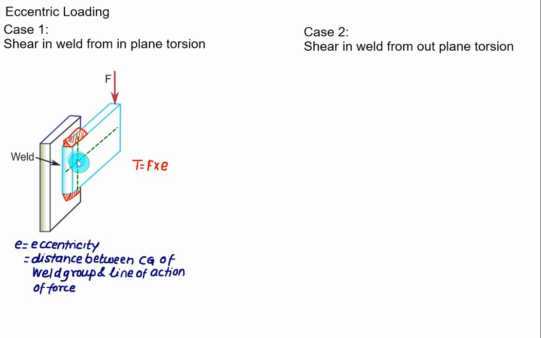Because of symmetry, the centroid will be at this point, C, and you have to measure the distance between the line of action and the given centroid. The distance between the center of gravity and the line of action of a force is called eccentricity. So this one is the case representing the shear in a weld when the plane of torsion is the same plane as that of the weld.